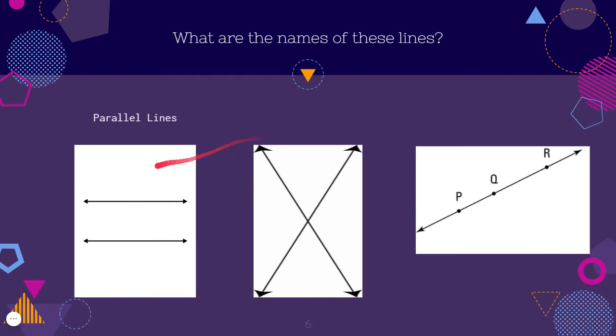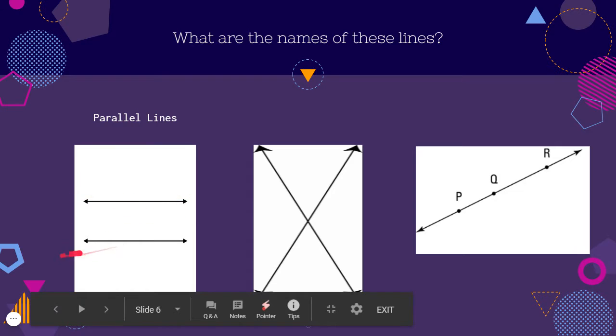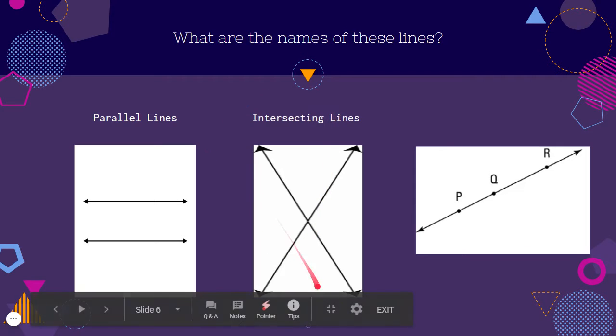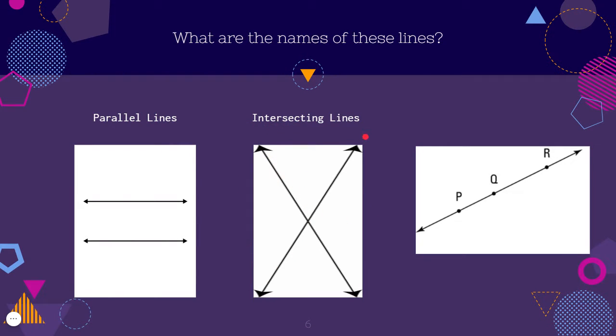The first one is parallel lines. The first picture, as you can see these two lines going next to each other but not touching each other, they are going to be parallel lines. The second one, as you can see, it's creating like a cross, which is going to be like this. These are known as intersecting lines.